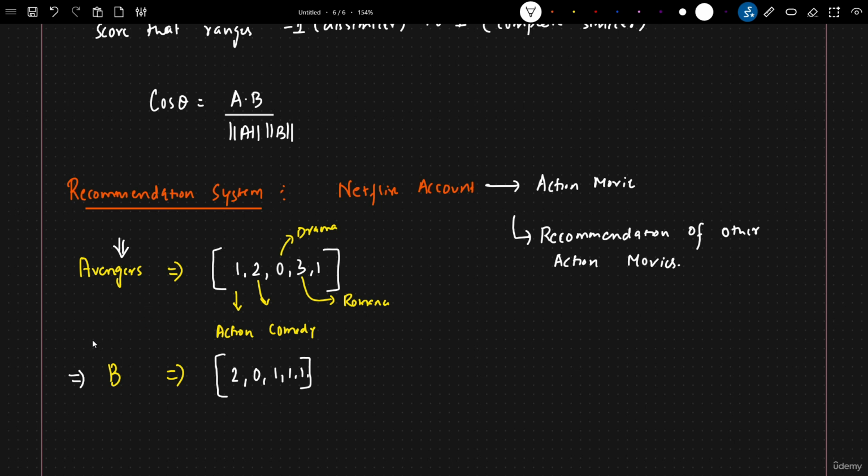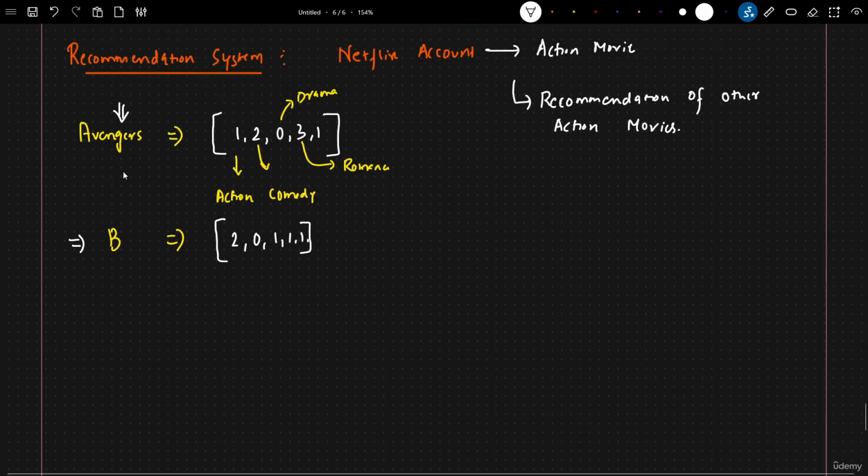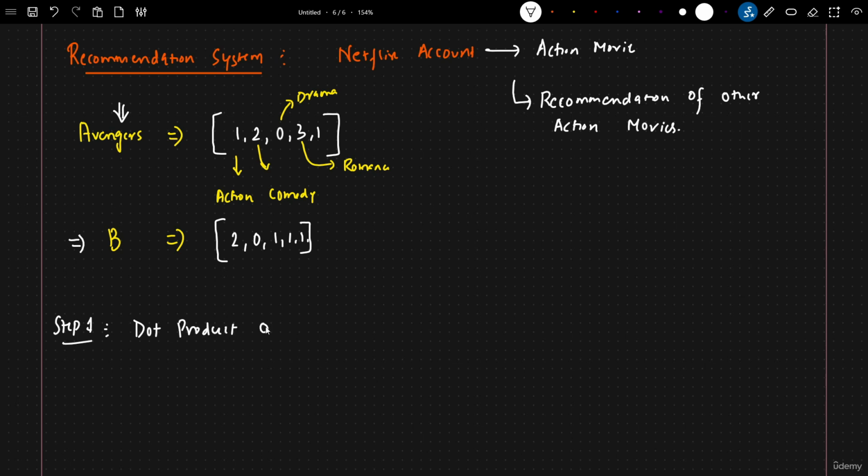So let's see how we calculate the cosine similarity based on these vectors. Step 1 is that we calculate the dot product A dot B. What is A dot B?